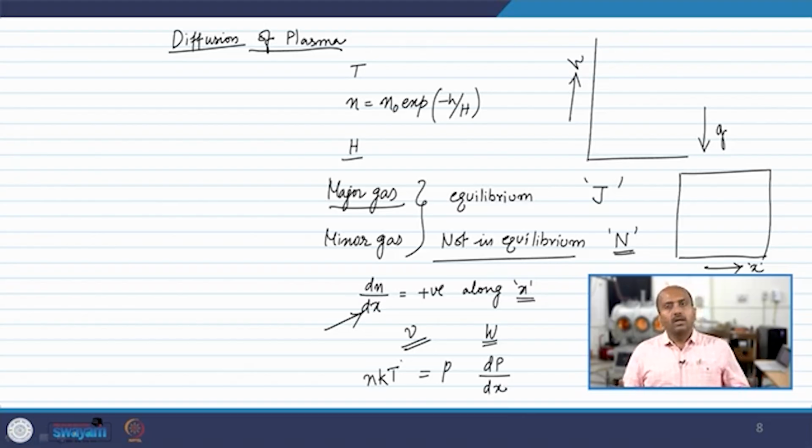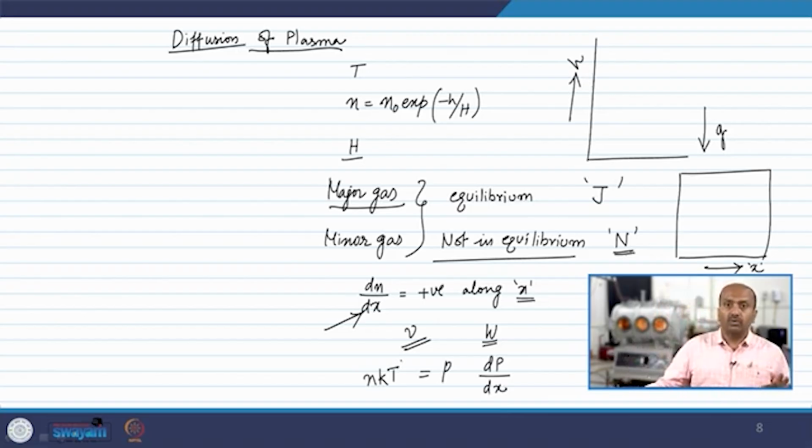Also, the minor gas species are moving through the major gas species. So, there will be collisions, and as a result, some momentum transfer will be there. If you take that momentum transfer per unit time, you will get a measure of the amount of force that is there. So, there are two forces.